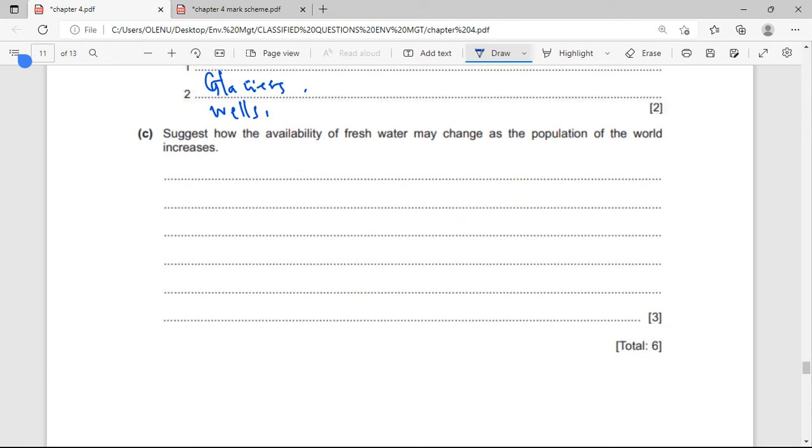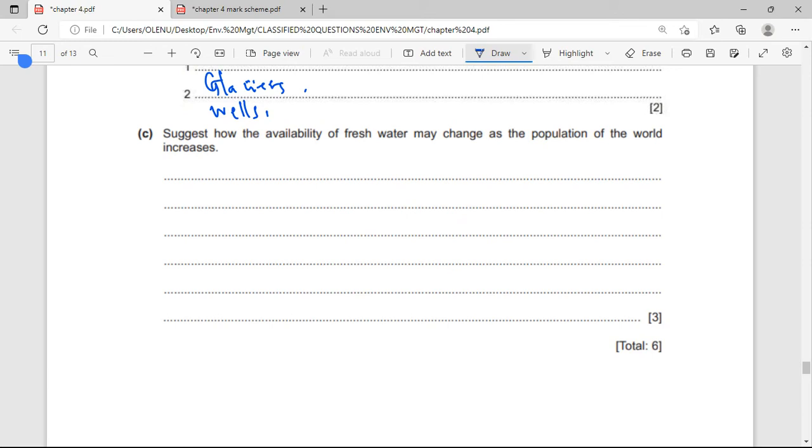Now, suggest how the availability of fresh water may change as the population of the world increases. As the world population increases, there will be more demand for water for domestic use, for industrial use, and for agriculture, just like the functions we answered earlier.